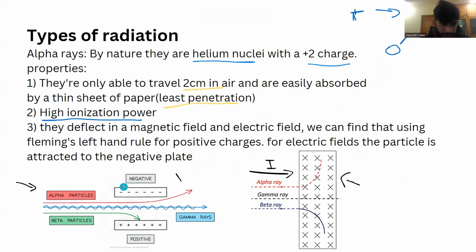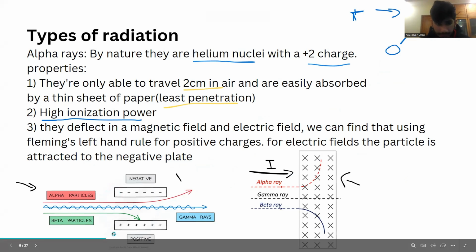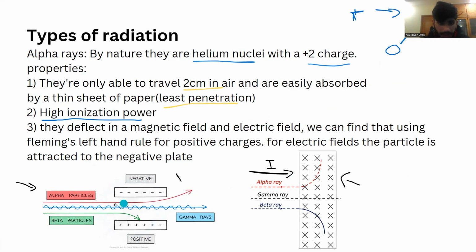You have a negative node over here and a positive node over here. So your alpha particles are traveling in this arc and they're shifting towards the negative side of the plate. The reason for this is it has a plus 2 charge. So obviously it will be attracted to the negative side of this plate. So that's why it deflects in this direction.